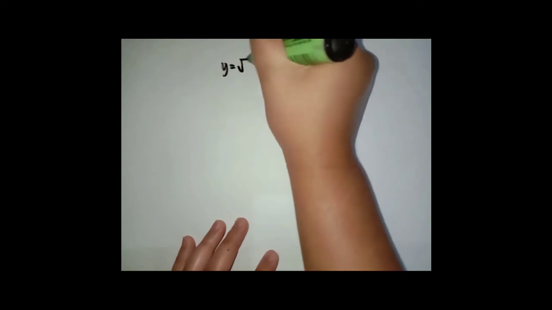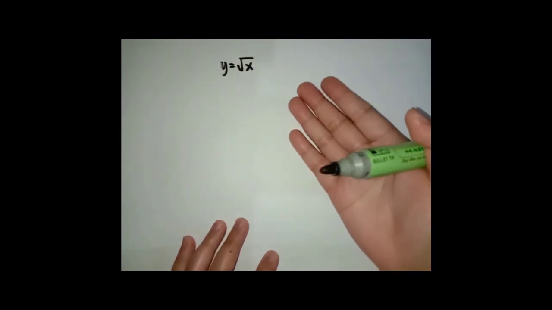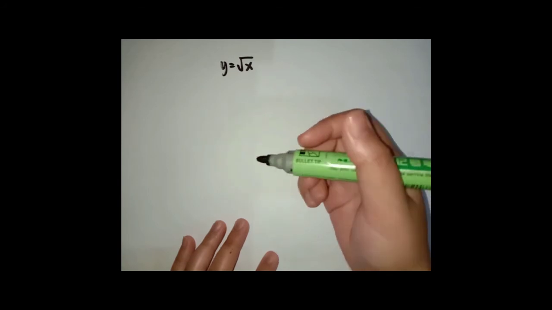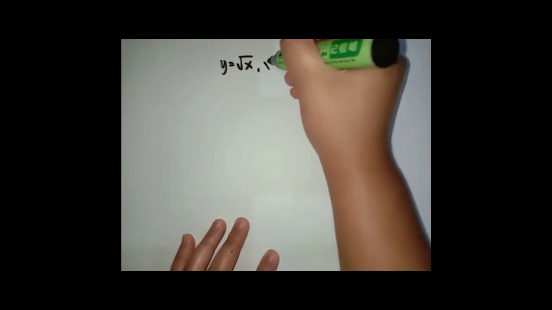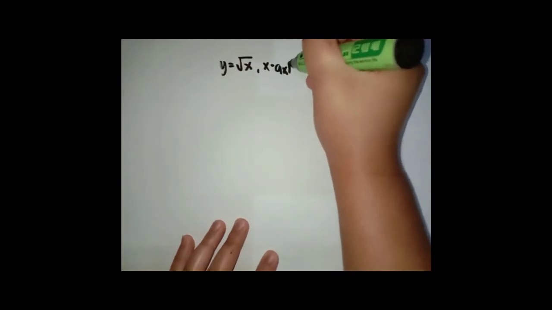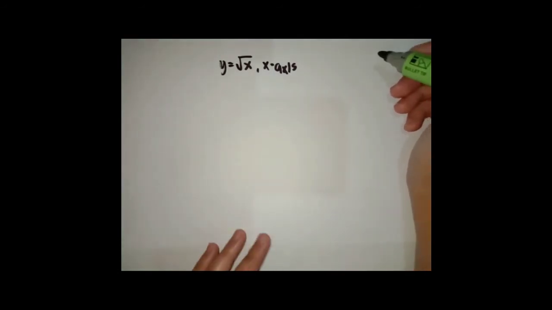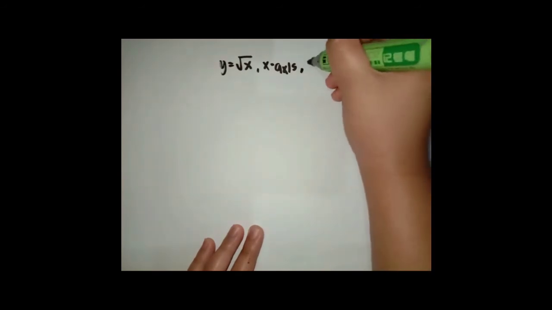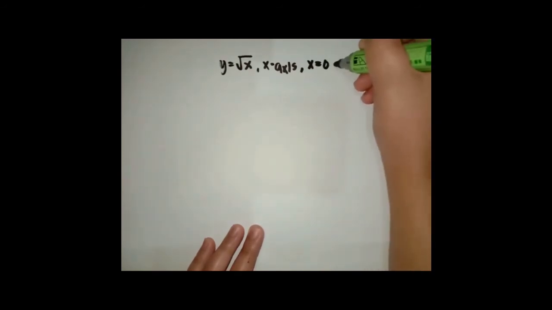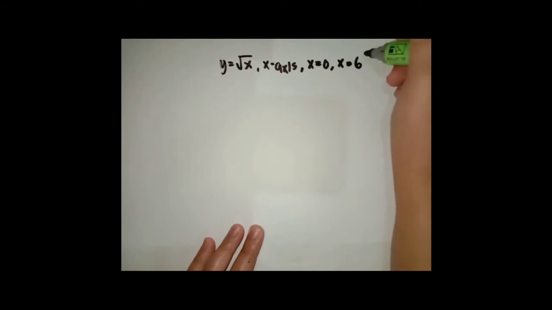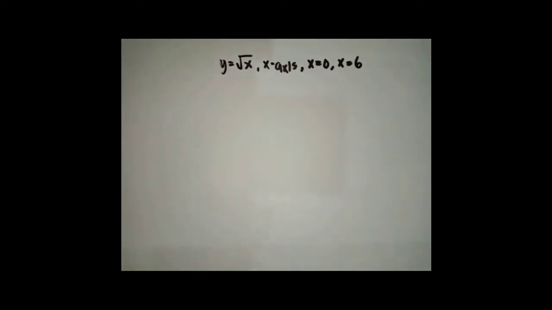Now, let's have an example. If we have the function y equals the square root of x, we want to find the volume when rotating this curve about the x-axis, and we want the portion of that curve between x equals 0 and x equals 6.